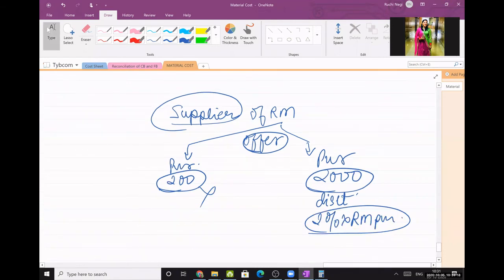Clear? Okay, so this is the offer he has given, that instead of purchasing 200 components, you purchase 2000 components and I will give you a discount of 2% on raw material per unit.